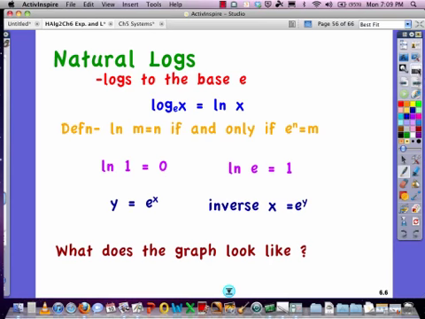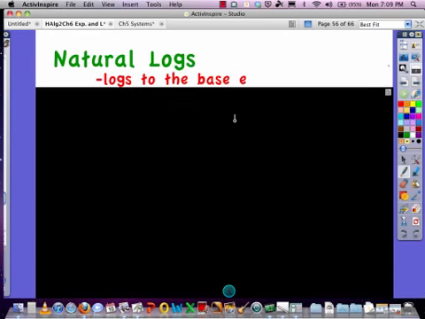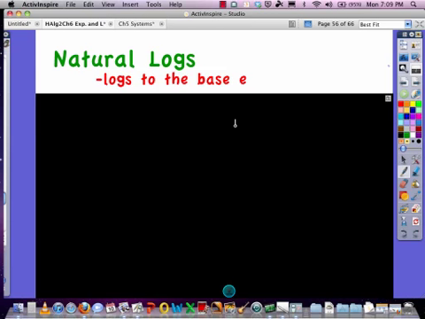So let's look here at some of these characteristics. We are now going to talk about natural logs. Natural logs are a little different than logs. We said common logs were of base 10. There were all types of other logs that could be of base 2, base 3, base 5, but every single log that we call a natural log will have this number e, which represents that 2.718-ish combination.